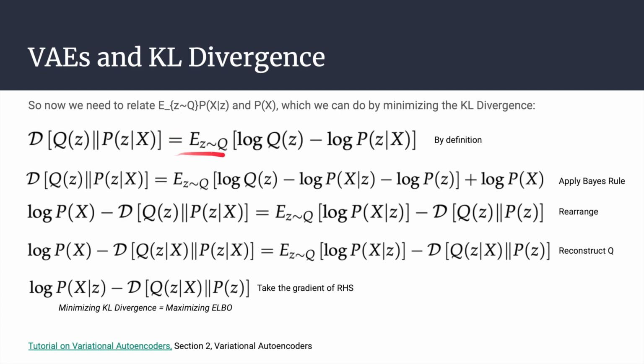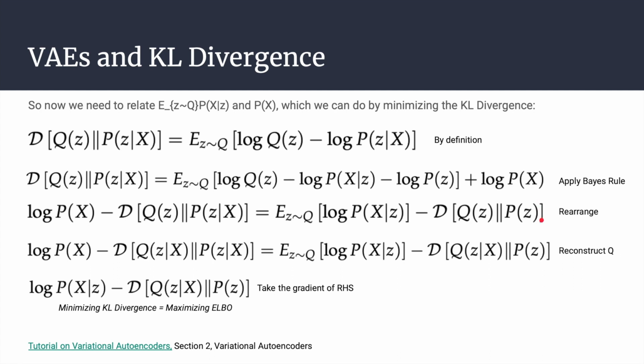This can, by definition, equal this expectation. Applying Bayes' rule on the P of Z given X will spit out these log probabilities, and you can pull the P of X out because it's not dependent upon Z.